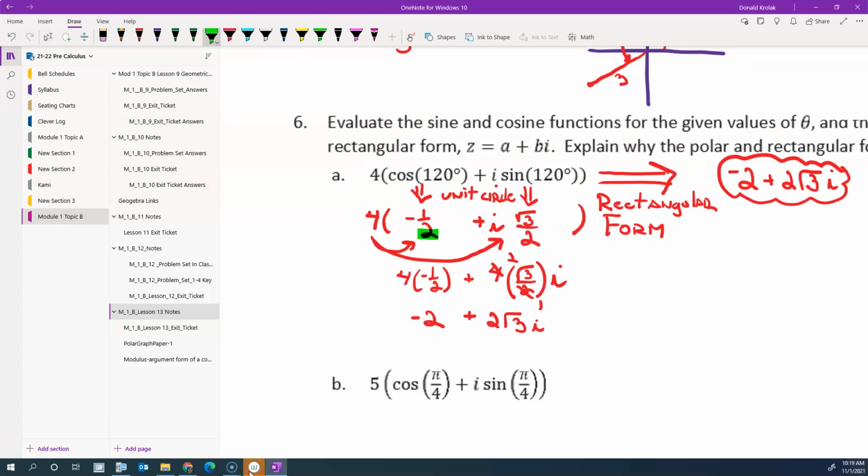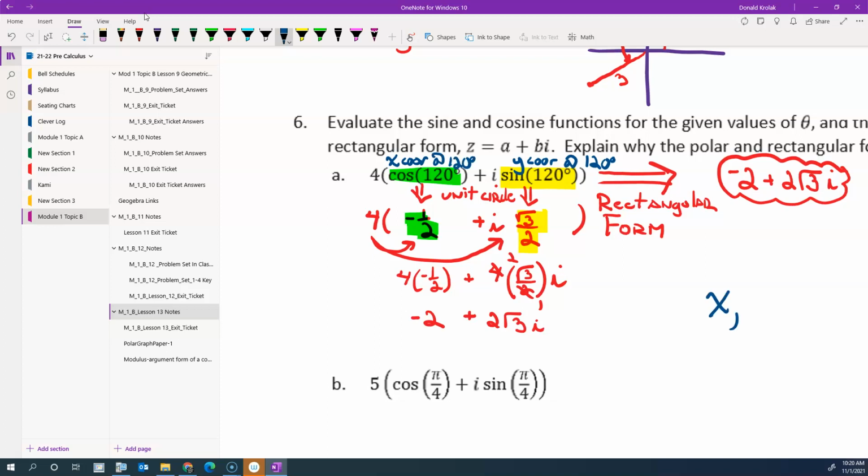So to get this negative 1/2, you use the unit circle for the cosine of 120. Go to your unit circle, the y coordinate at 120. So if you forget, the sine is the y coordinate at 120 degrees, and the cosine is the x coordinate at 120 degrees.